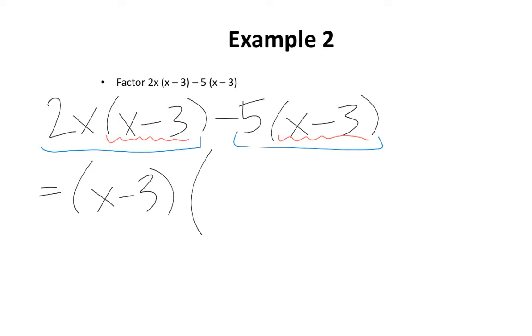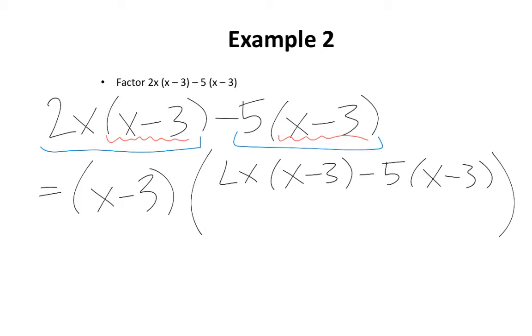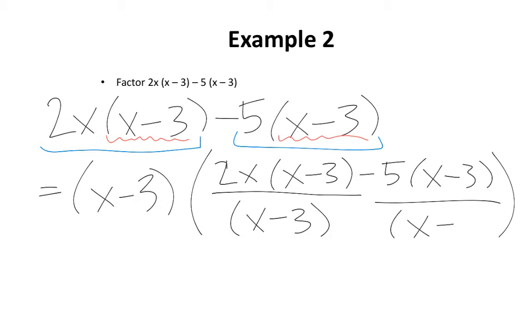And I'm going to rewrite what I had up above. When I factor out a binomial, what I'm really doing is dividing everything by that binomial. So I'm dividing by x minus 3, and I'm also dividing by x minus 3 here.